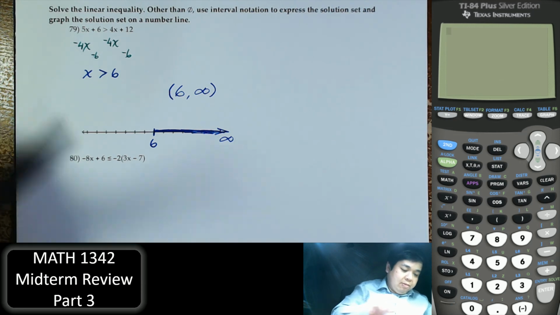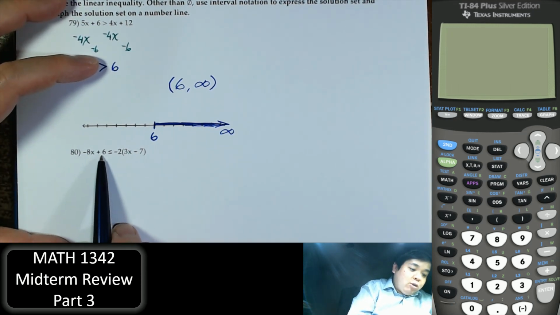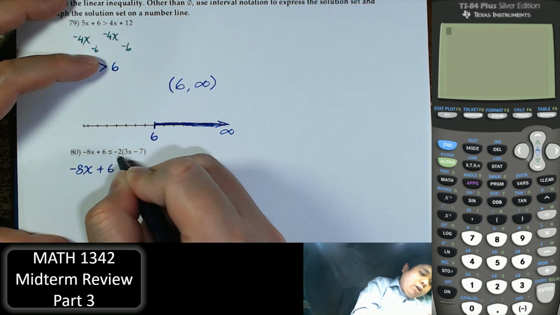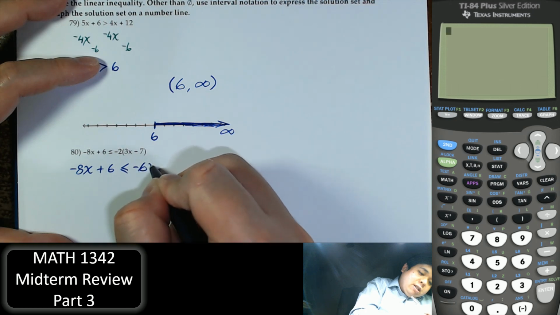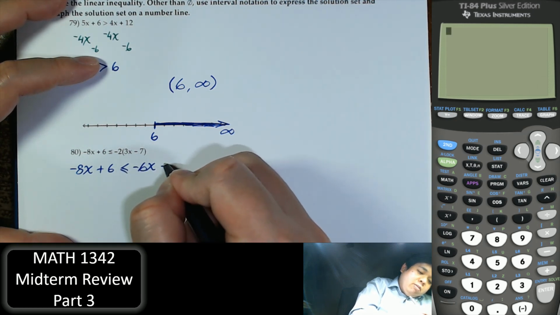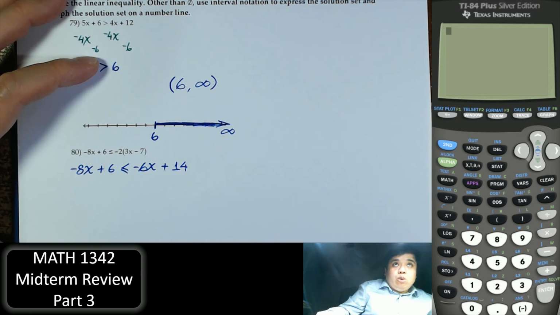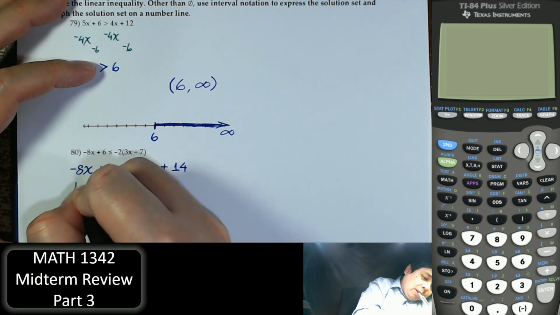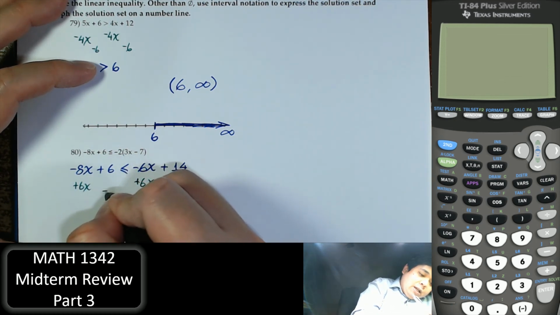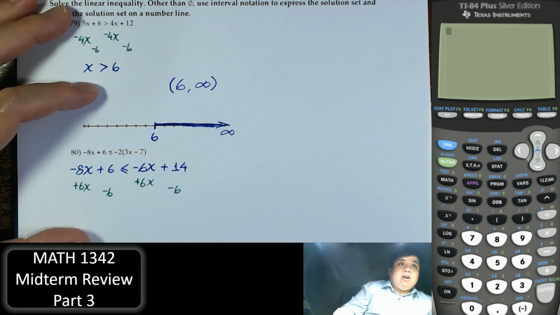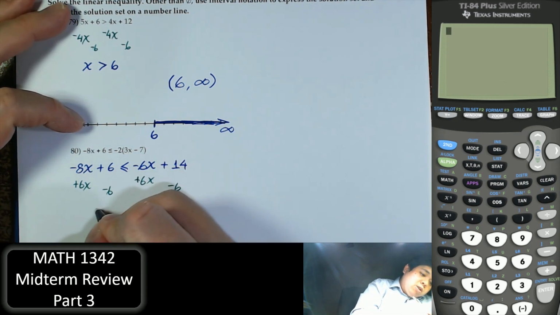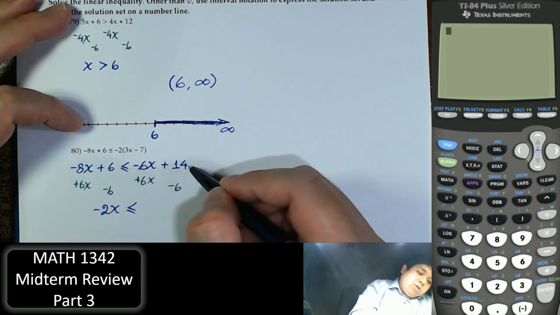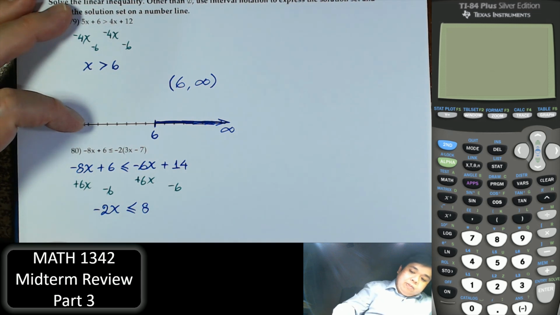Right. Next. For this one, we will multiply it out first. Negative 4x plus 6 less than or equal to negative 2 times 3x, negative 6x, negative 2 times negative 7, plus 14. So we try to keep x on one side and the number on the other side. Negative 4x plus 6x is 2x... that cancels out. 14 minus 6 is 8.